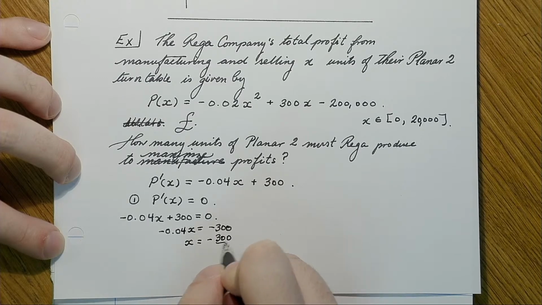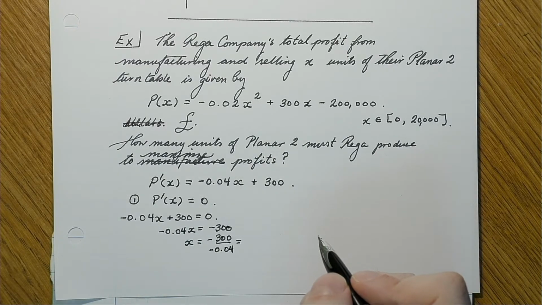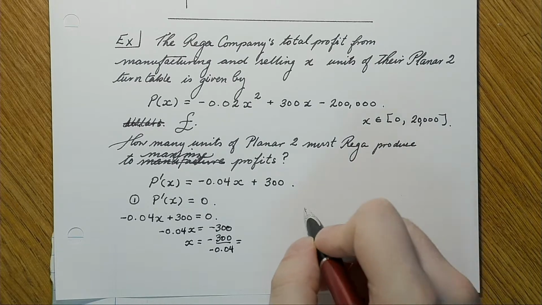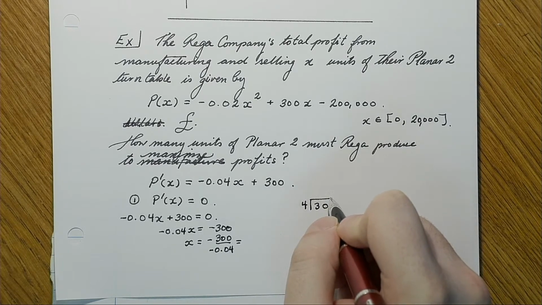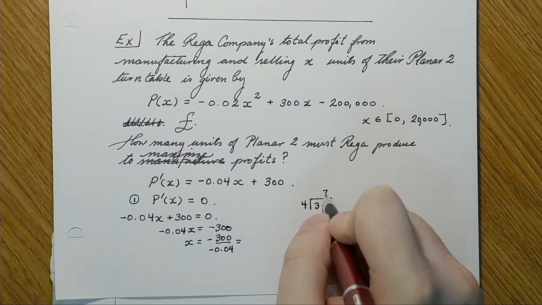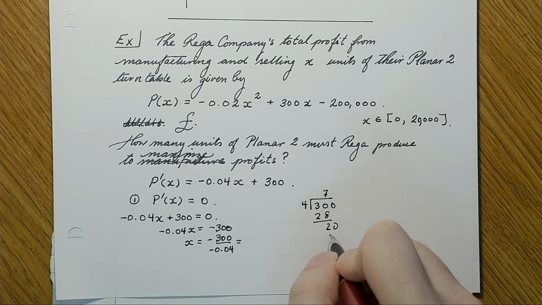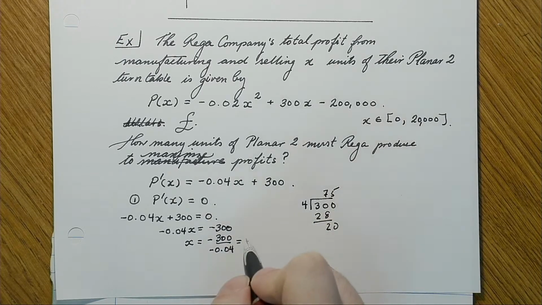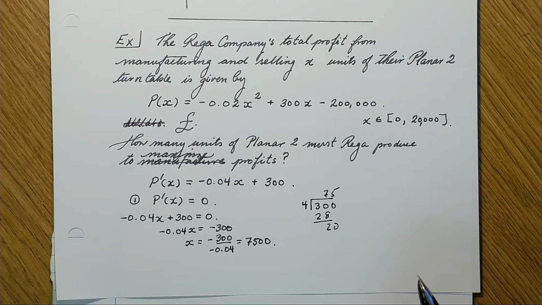So again, I can solve for this. 4 goes into 30 approximately 7 times, 28, so I'm left with 2. Drop the 0 gives me 20, 4 times 5, so that means there's 7,500.